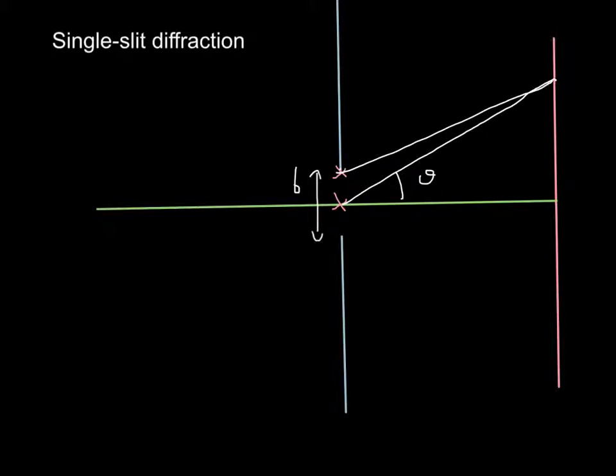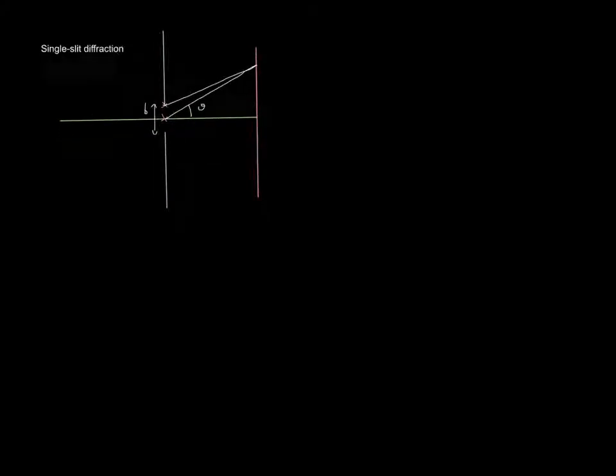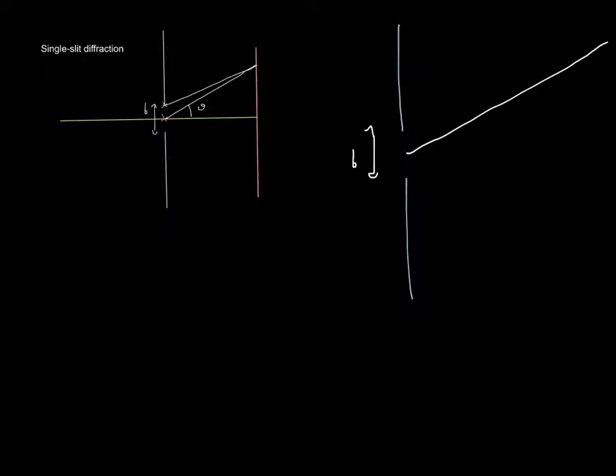Okay, so now, good. I need to draw again what I did before, which is these 2 looking parallel at a certain angle theta. So let's do this again. Let's zoom out, and we've got our diffraction opening. This distance is b, and then we have one guy going this way, one guy going this way.